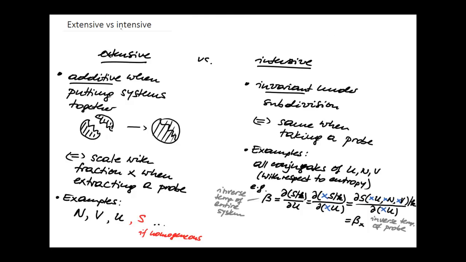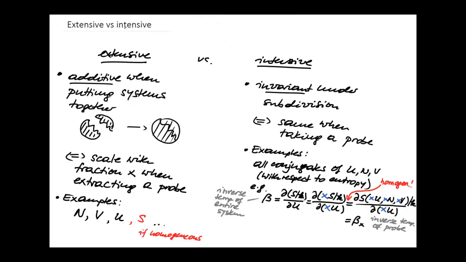So you see that indeed, due to homogeneity, which entered here, the inverse temperature of the entire system equals the inverse temperature of the probe. And regardless of where I take the probe, what fraction x of the system I take as a probe, you always get the same inverse temperature.